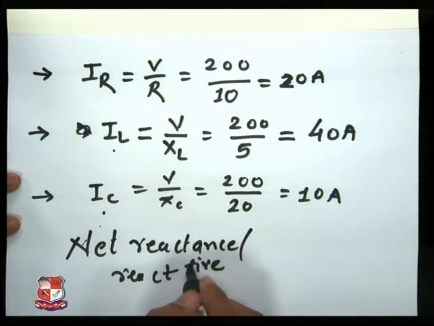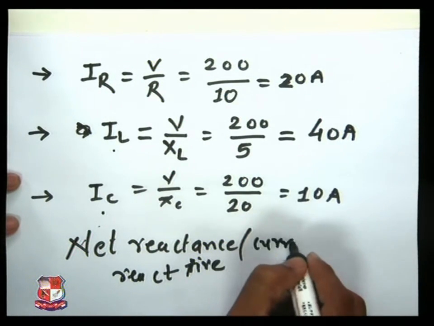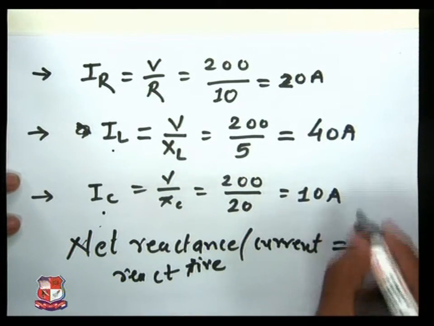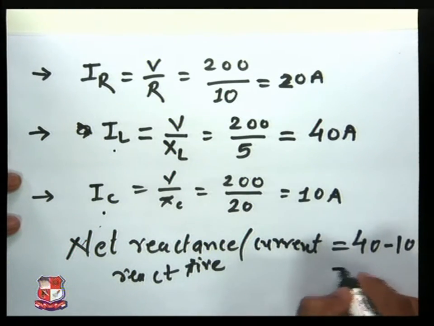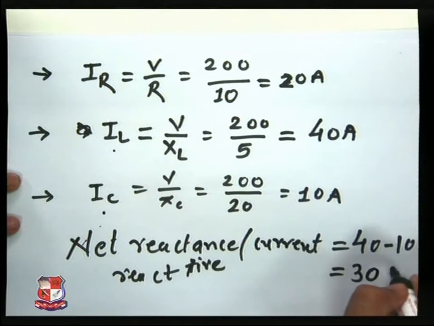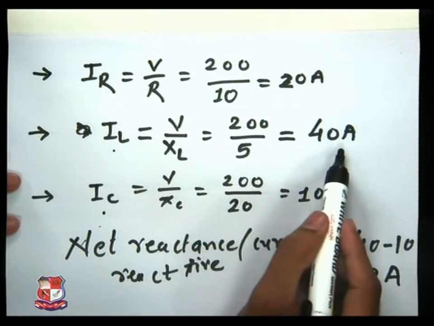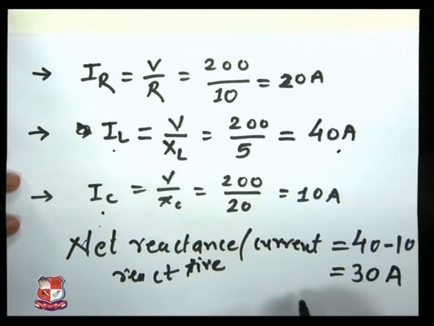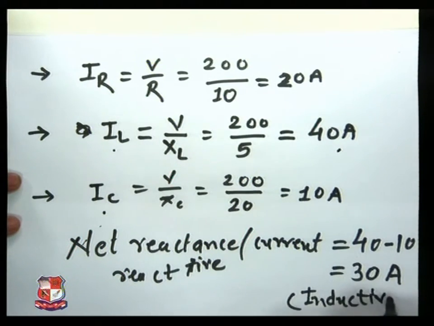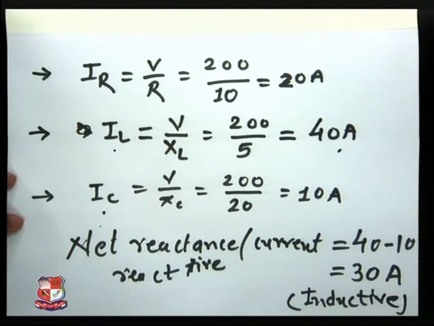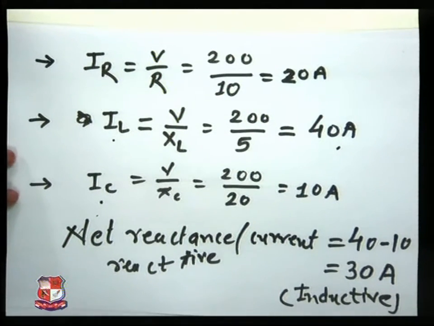The net reactive current between these two currents is 40 minus 10 equal to 30 ampere. As the inductive current value is larger, we say that our circuit is inductive. That means inductive reactance is more here, so the circuit becomes inductive.